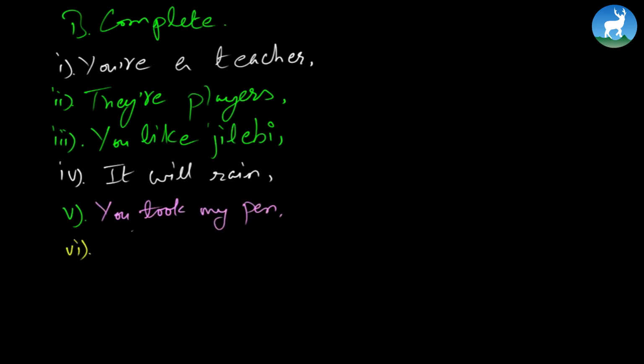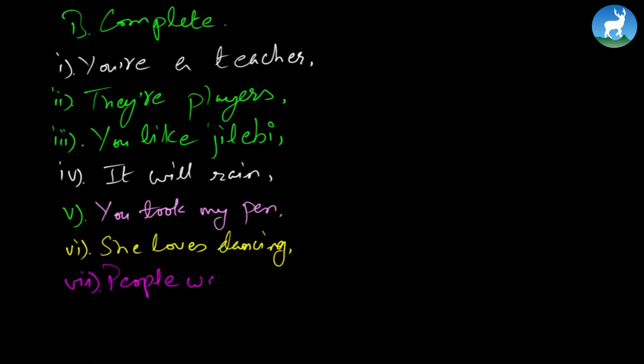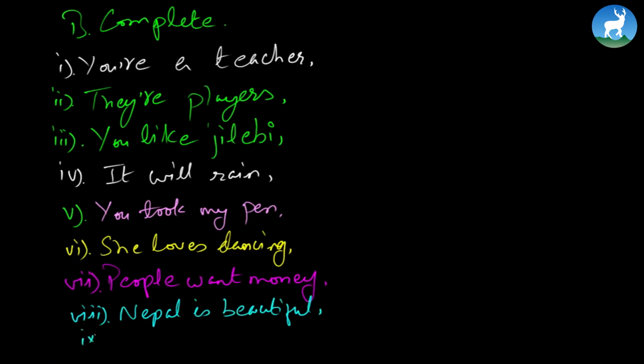And number 6, she loves dancing. Number 7, people want money. Number 8, Nepal is beautiful. Indeed it is, isn't it? Number 9, you live in a town. And finally, number 10 is here. They have done it.